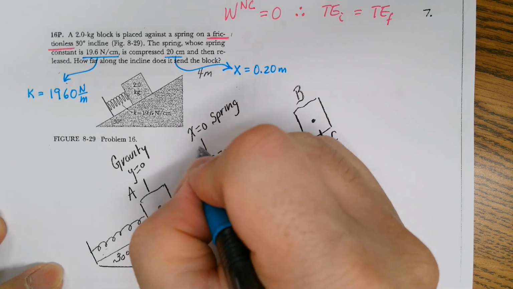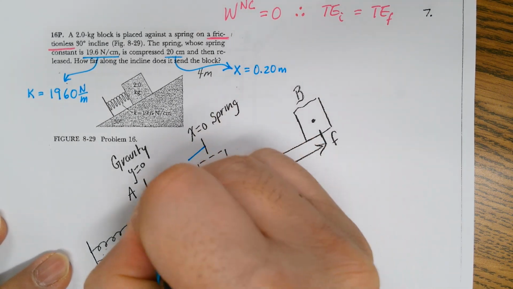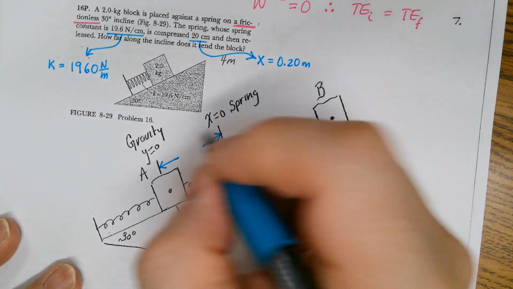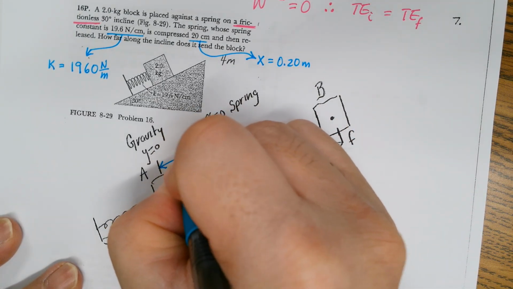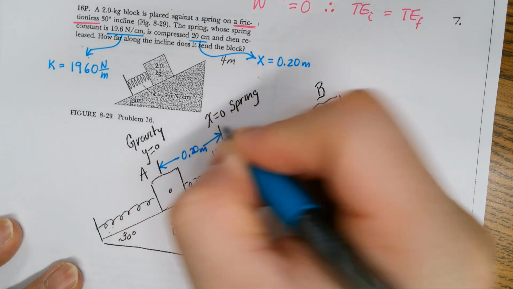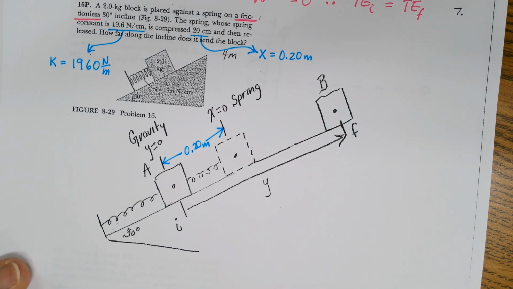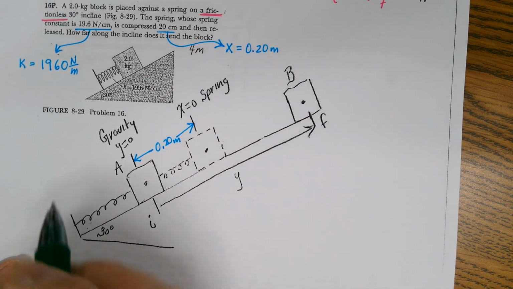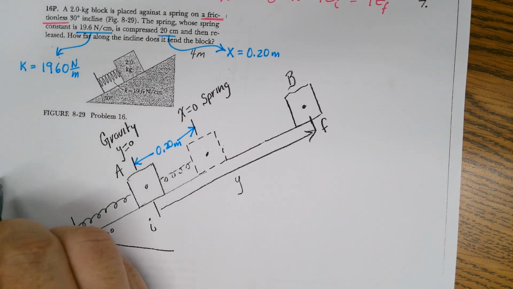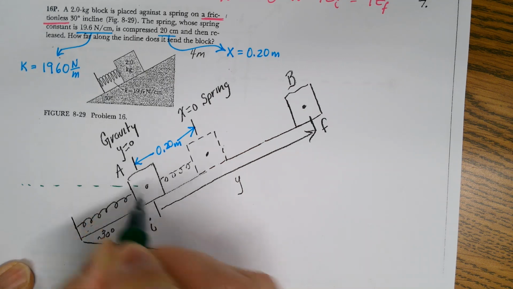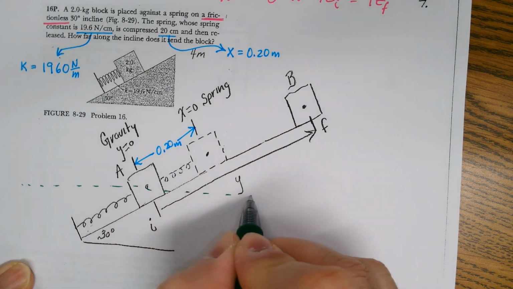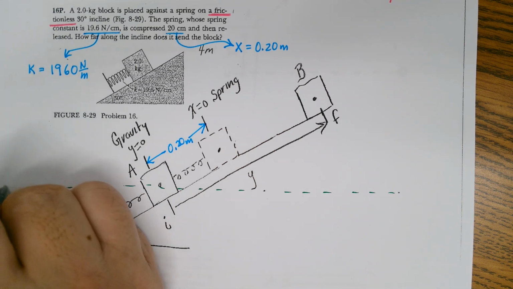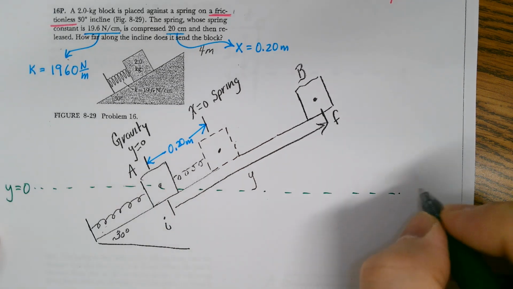Okay, so from here to here is 0.2 meters. This is our zero. This is my y is equal to 0.